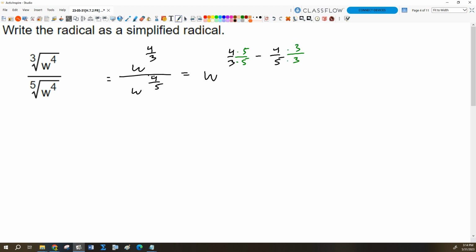Okay, so that gives me W to the, I've got a common denominator of 15, and it looks like I'm getting 20 minus 12. So my answer's looking like what then? 8 over 15. Matthew, what's that going to be as a radical?